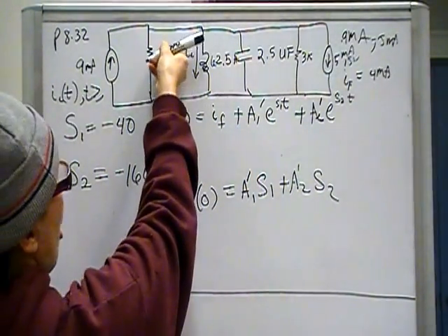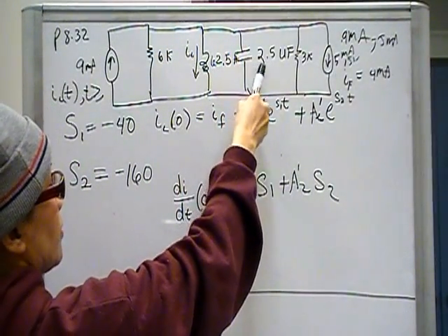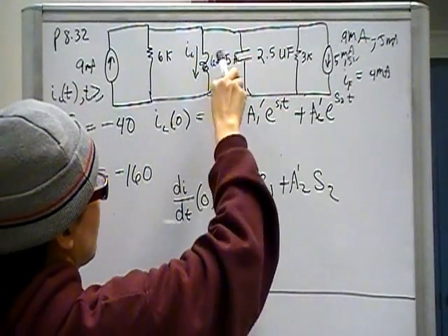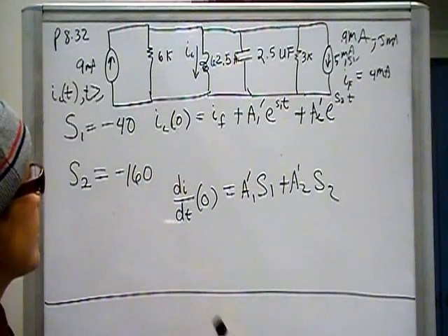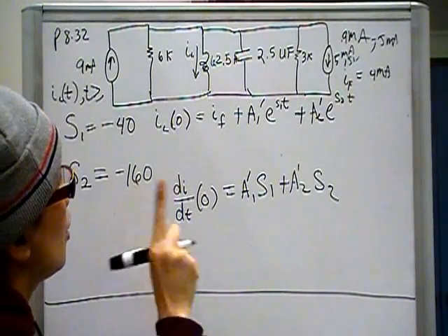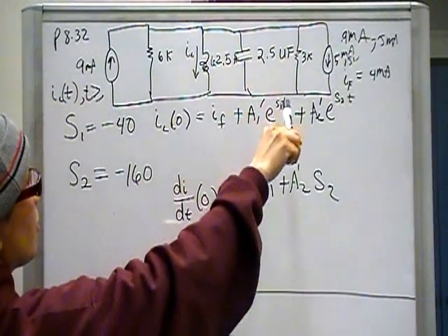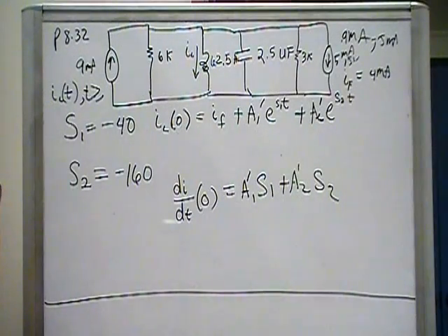Remember, when the switch was open, this was a short, this was an open, and this was just 5 milliamps going through that and the shorted out inductor. Therefore, right at the time when the switch switches, remember that the inductor cannot change current instantaneously. Therefore, that negative 5 milliamps that was looping through the inductor when it was shorted is still looping through the inductor.